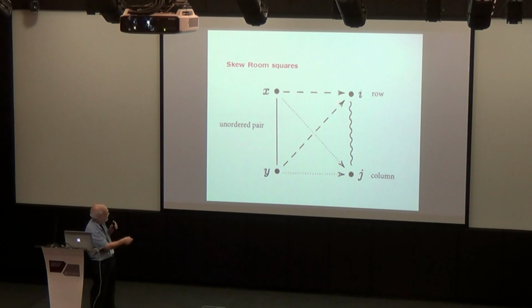The last color is wavy, and again, think of that as two directed edges in opposite directions, so that it has two directed edges of each of four colors. In fact, I prefer to think of it as two directed edges of each of six colors, because you may take the reverse of these dashed edges and call that dashed prime, and the reverse of these dotted edges, the other direction, call those dotted prime, and then you have six colors.